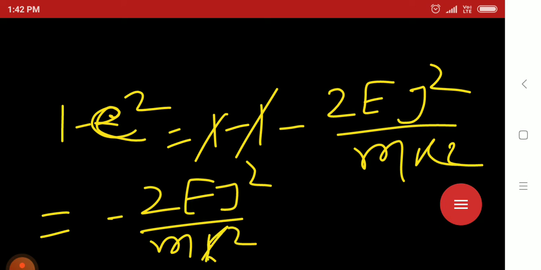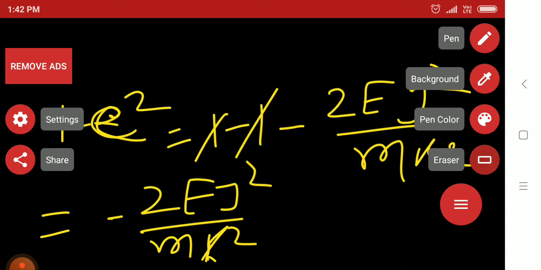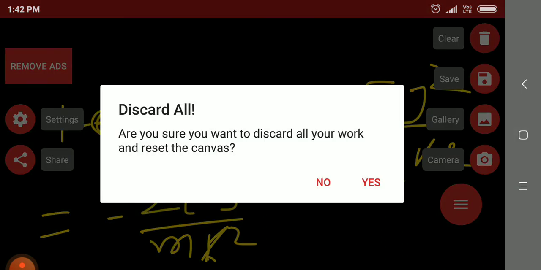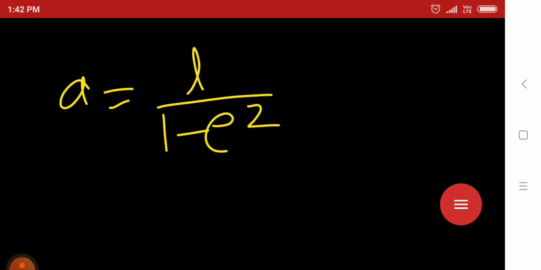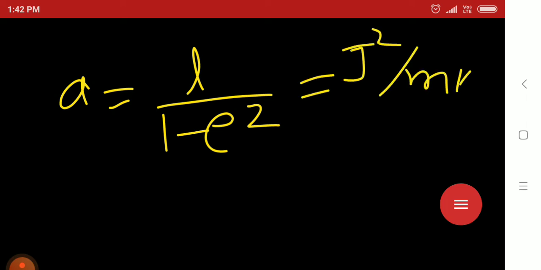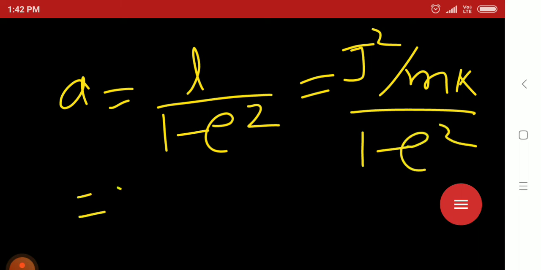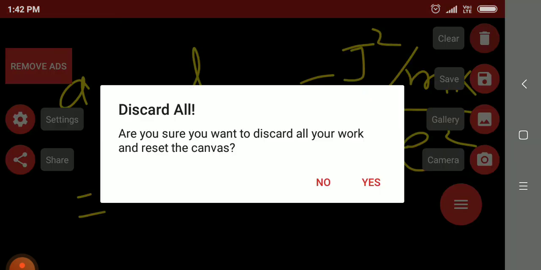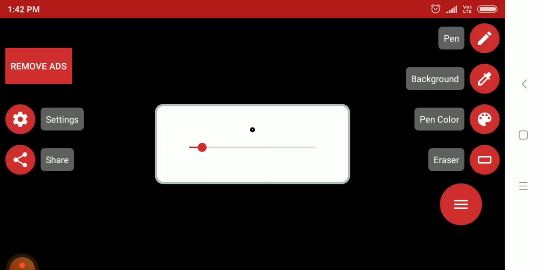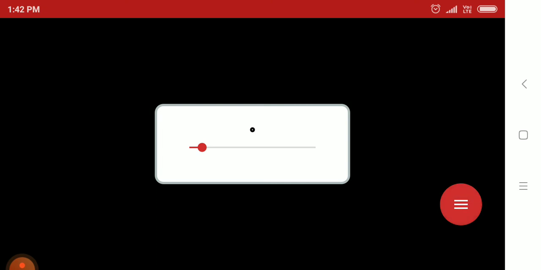So we have got a equals l by 1 minus e square. And l equals j square by m k, divided by 1 minus e square, where 1 minus e square we have got as minus of 2E J square by m k square.